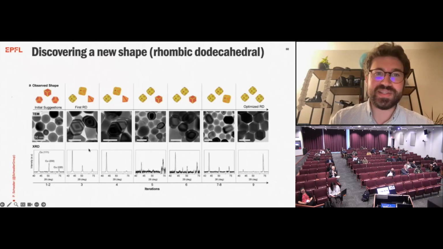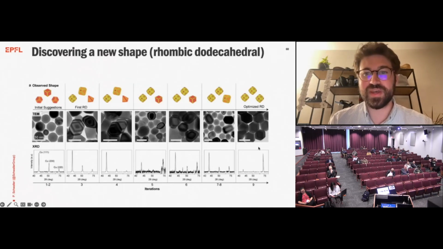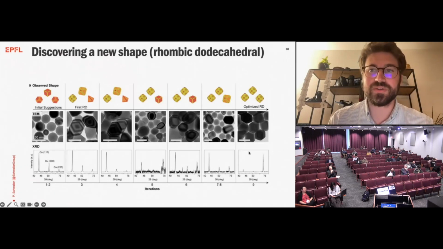So at that point, we decided to optimize not only for this energy scale, but also for the peaks in the XRD. And like that, over 9 iterations, we got to a perfectly pure sample.